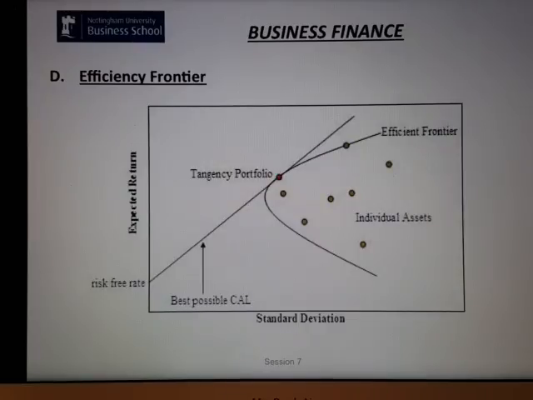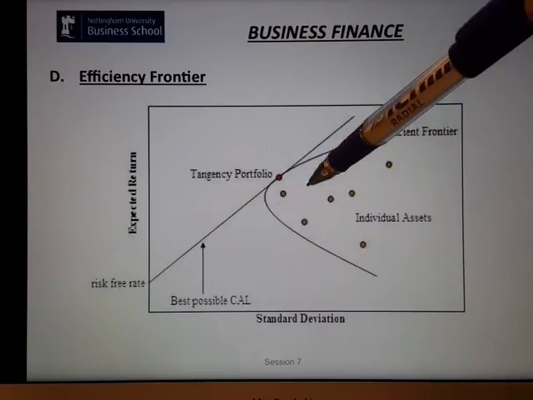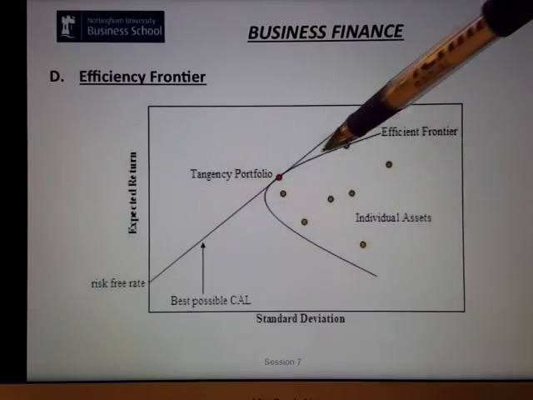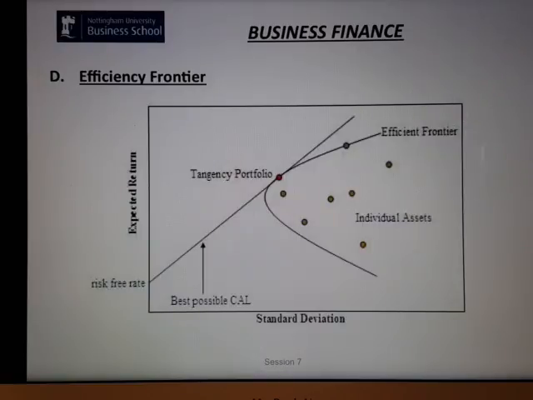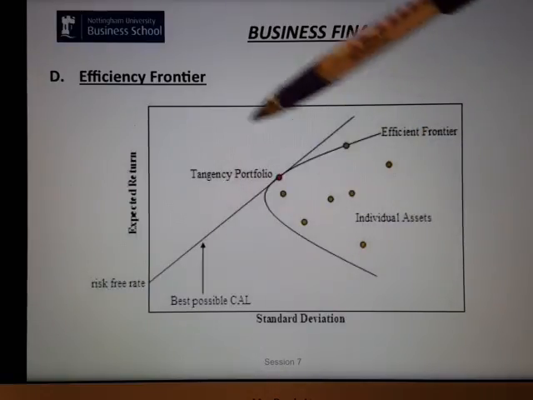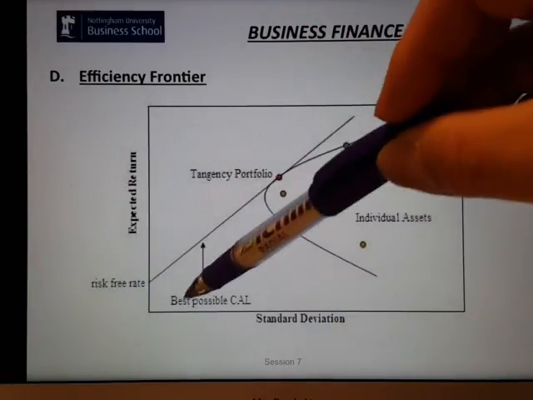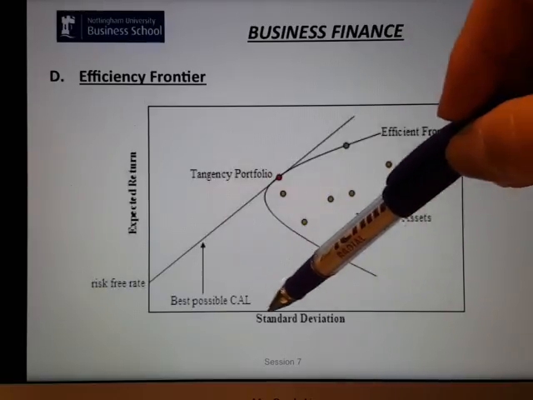If you look at the diagram, it gives you a combination of portfolios in the market, and they tabulate it in the graph and analyze it. The graph has two axes. One is the standard deviation.